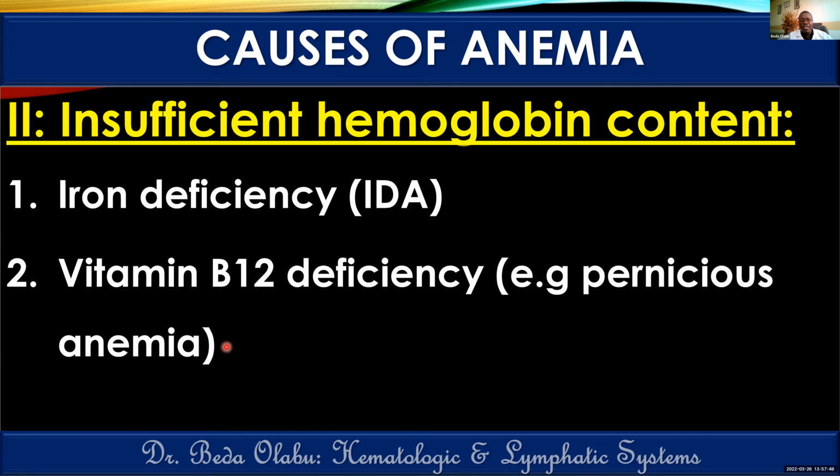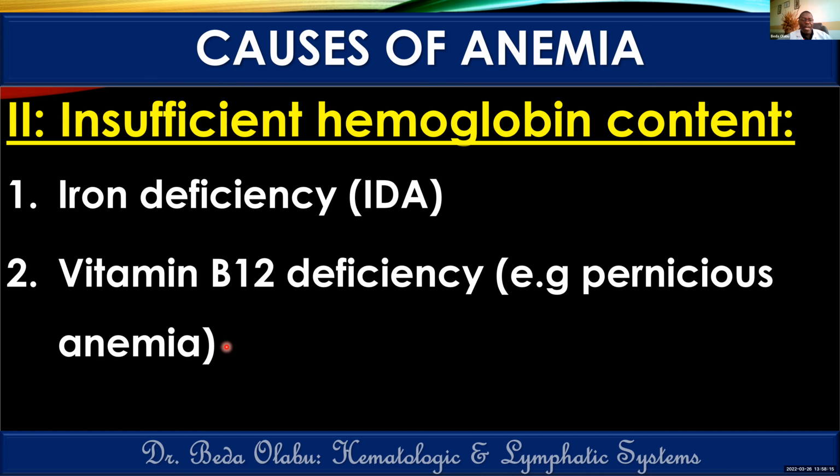So when we eat, the foods that we eat contain vitamin B12. For the body to absorb vitamin B12, it requires something called intrinsic factor, which is produced by the cells of the stomach, the parietal cells of the stomach. So parietal cells of the stomach produce intrinsic factor.